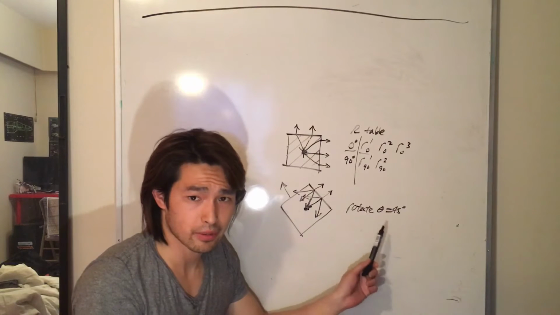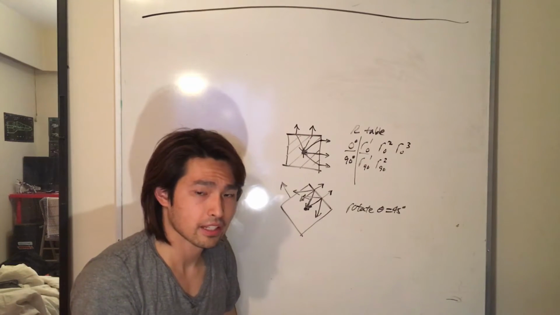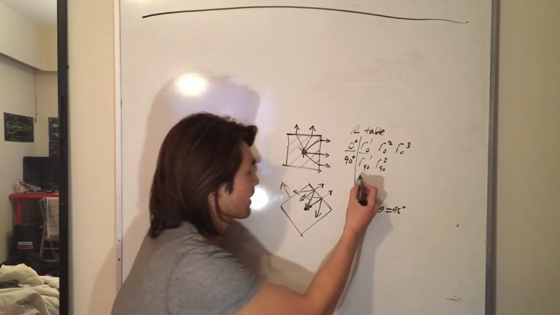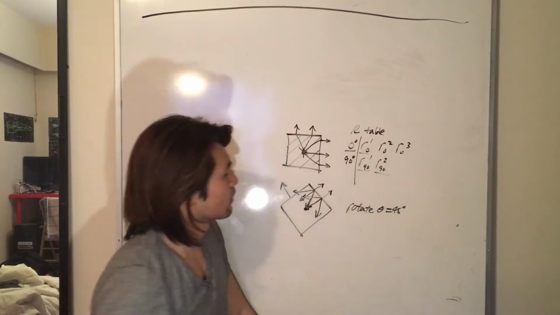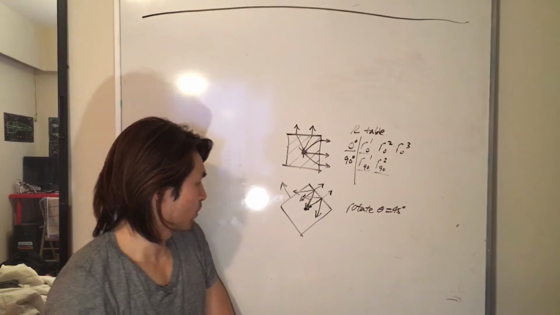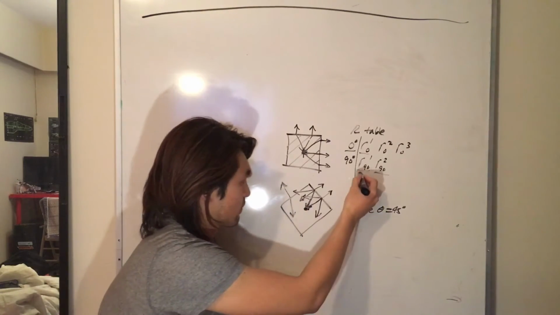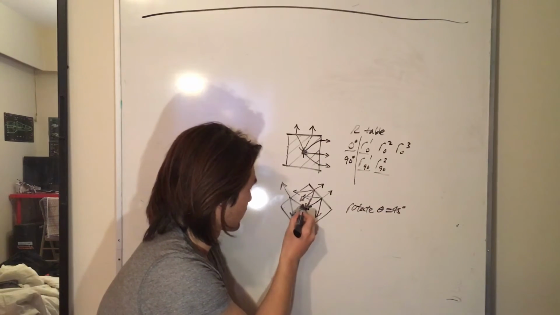We subtract 45 degrees from this, and that gives us 90 degrees. So I go to this table, and I see 2 vectors. So I do this vector, and I do this vector.